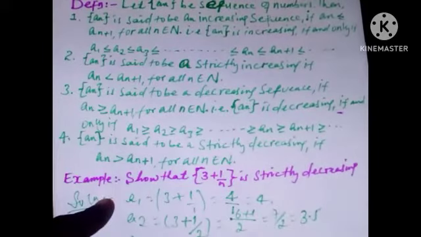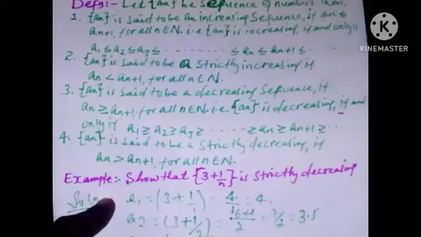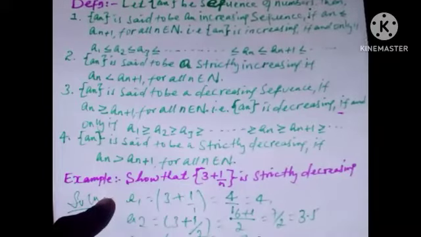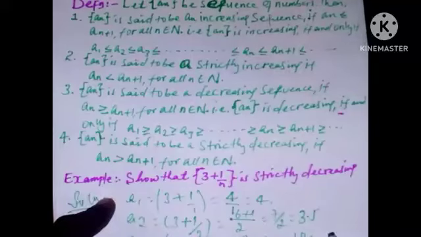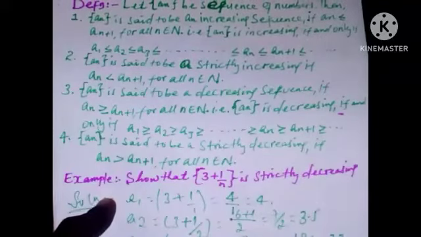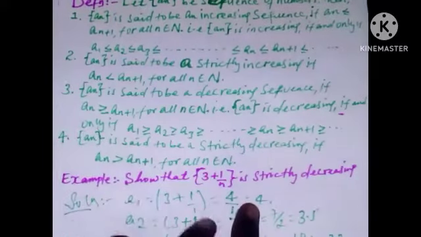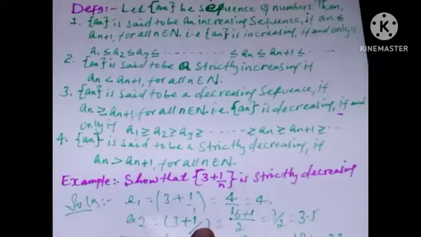Another, the third term, is 3 plus 1 over 3, which gives you 9 plus 1, that is 10 divided by 3, which gives you 3.3. Okay, if you have a sequence like this, 4 is greater than 3.5, and 3.5 is greater than 3.3.